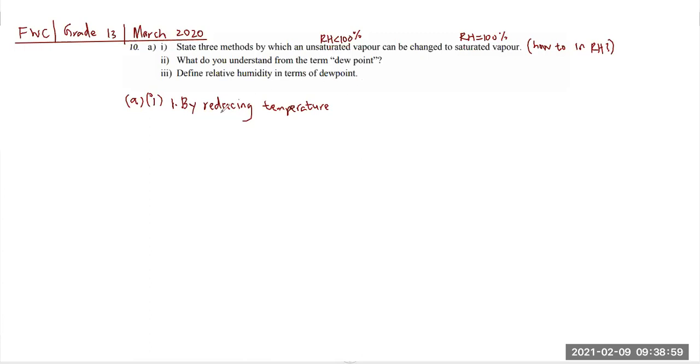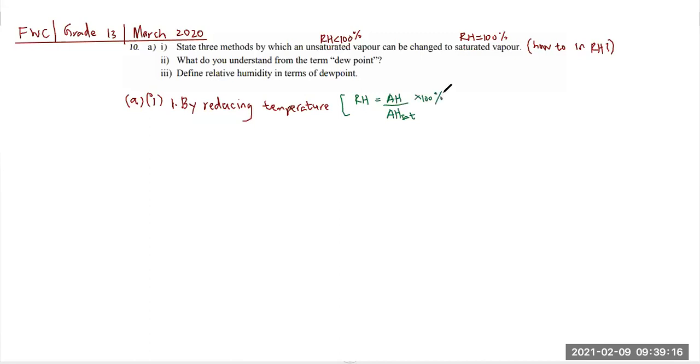How to increase RH? Now, by reducing the temperature, you can convert an unsaturated vapor to saturated vapor. How? Let me explain that in green color within bracket. Now we know RH is equal to absolute humidity over absolute humidity of saturated vapor into 100.